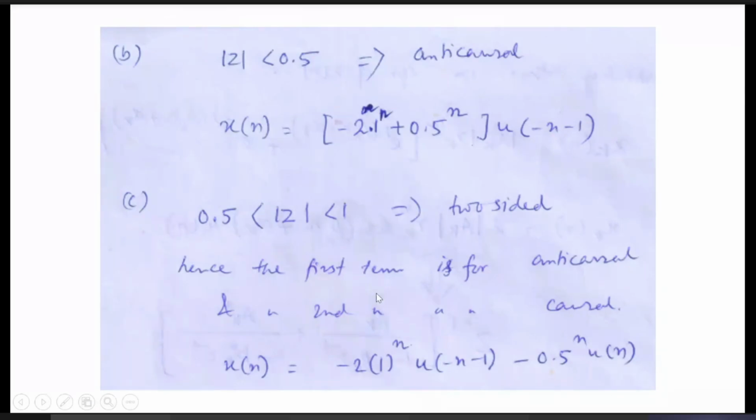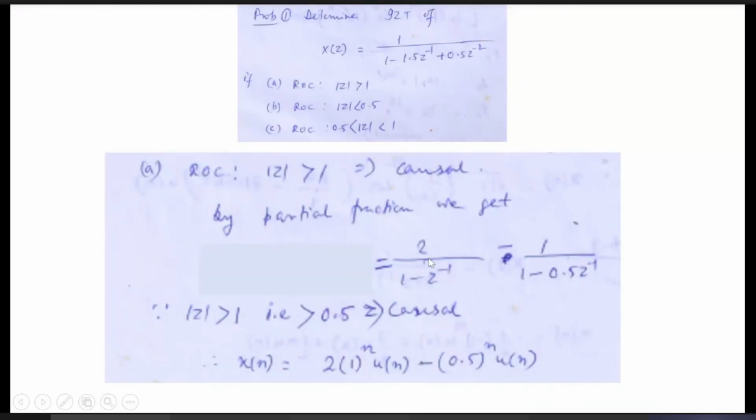So which term is associated with the pole which is greater than 0.5? This pole, z is equal to 1. This pole and its associated term is greater than 0.5, so this term will represent a causal sequence.